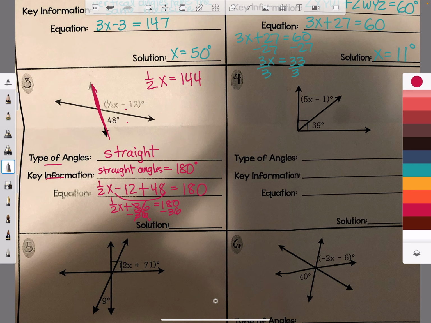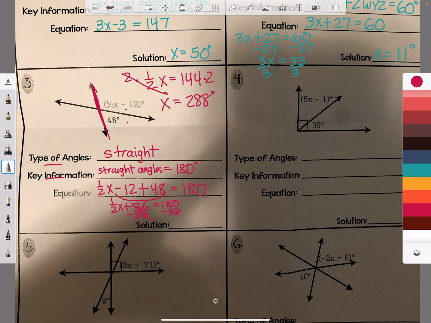Yeah, that's correct. And then we're going to multiply by 2 on both sides so that we can get rid of that 2 right there. And that leaves x equals 288 degrees. Now wait, something can't be right because that only can equal 180 degrees.